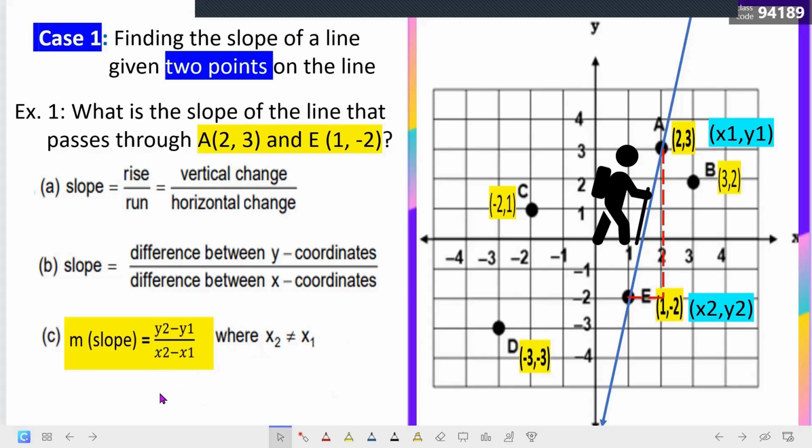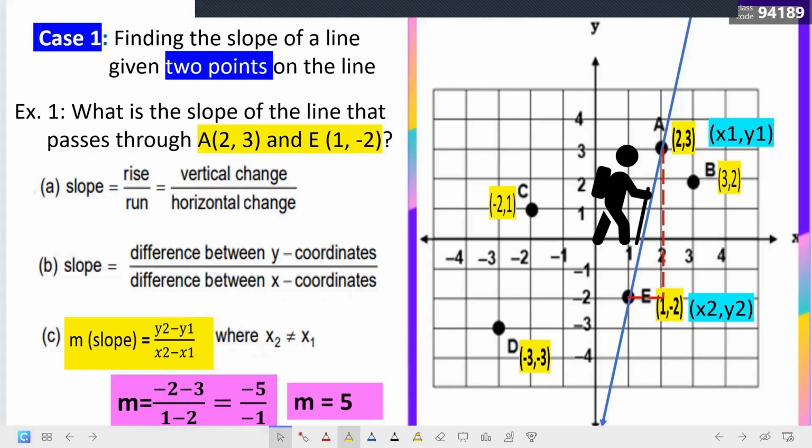Write it down. -2 minus 3 over the difference between the x coordinates, which is x sub 2 minus x sub 1. That is 1 minus 2. And then you simplify. -2 minus 3 is -5 over 1 minus 2 is -1, giving us the slope of +5.